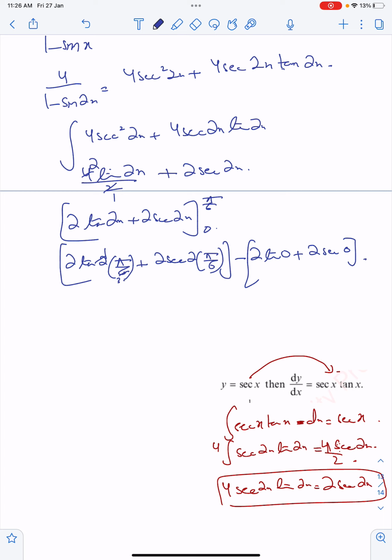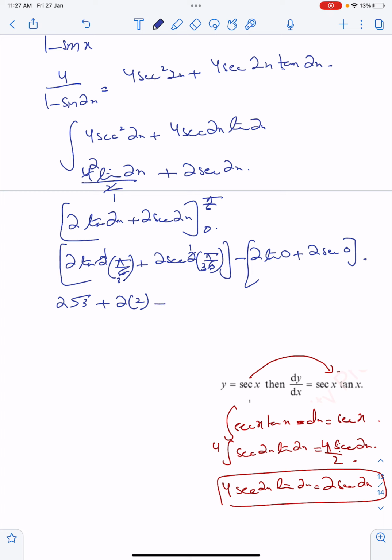Tan of pi by 3 is root 3, so 2 root 3 plus 2 sec of pi by 3. Cos of pi by 3 is half, so sec of pi by 3 is going to be 2, and it's going to be 2 into 2.